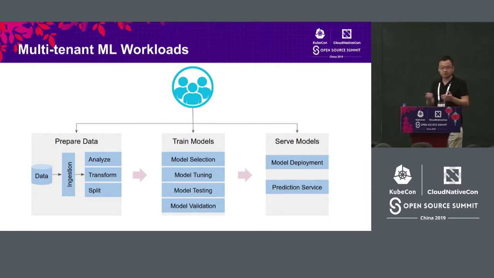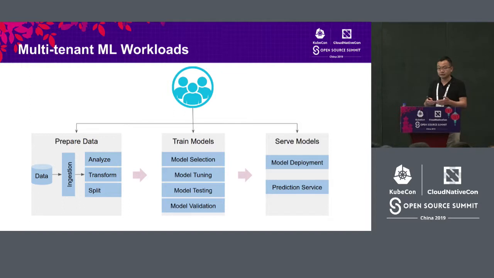Now let's talk about running machine learning workloads in a multi-tenant environment. Typically, a machine learning pipeline can be divided into three stages. Prepare data. You store the raw data in some persistent storage, like GCS bucket, Amazon S3, and then you ingest data to machine learning workloads that analyze, transform, and split data to the format that can be consumed by the second stage, like feature columns.